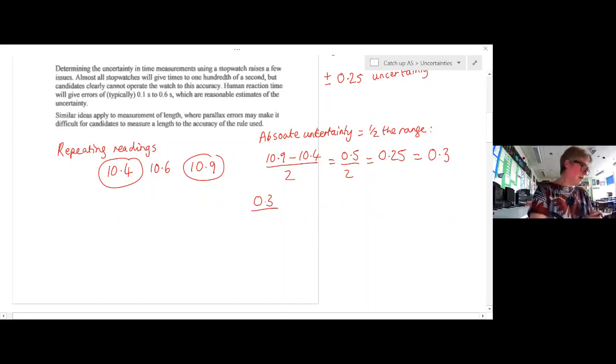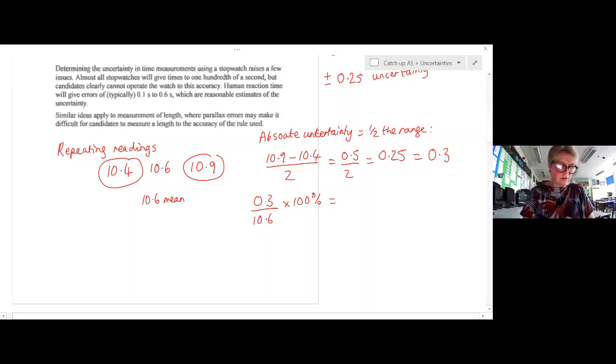So 10.4 plus 10.6 plus 10.9, divided by 3, 10.6. So 10.6 equals the mean. I know it goes 10.6333333, but you'd round it to the same number of significant figures that you've got for the rest.